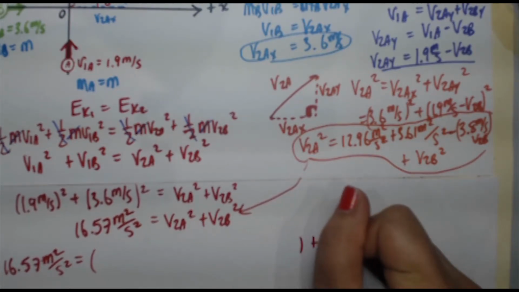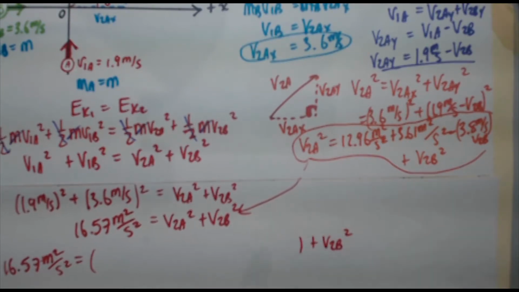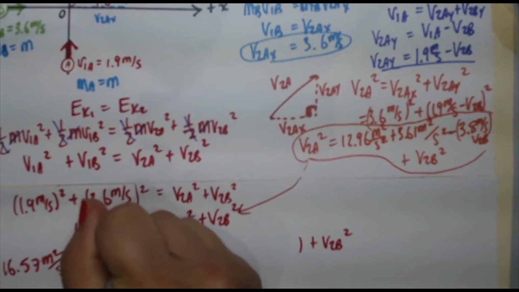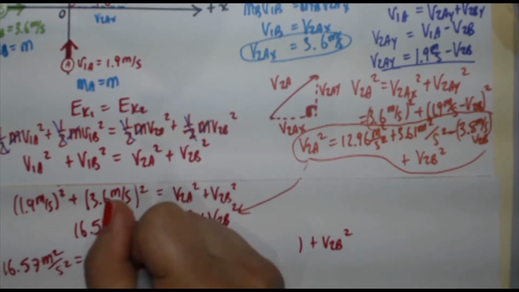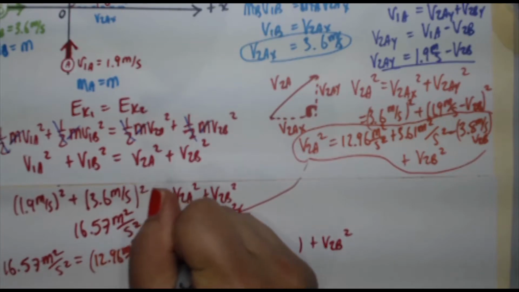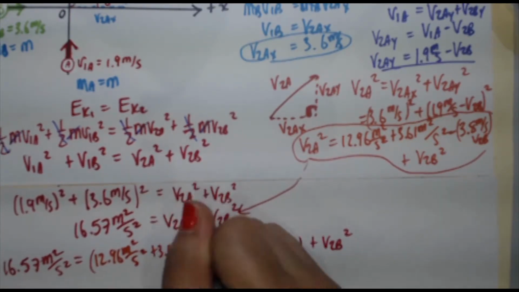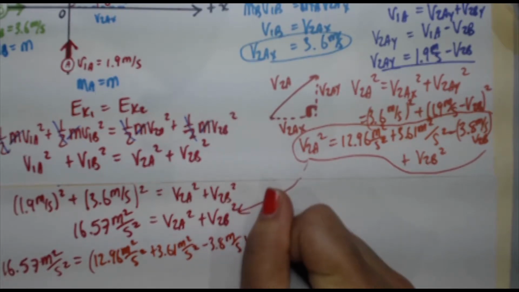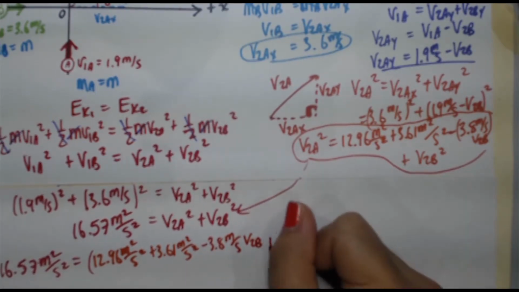Okay, so plug in your v2a squared, so it's 12.96 meters squared per second squared plus 3.61 meters squared per second squared minus 3.8 meters per second v2b plus v2b squared.